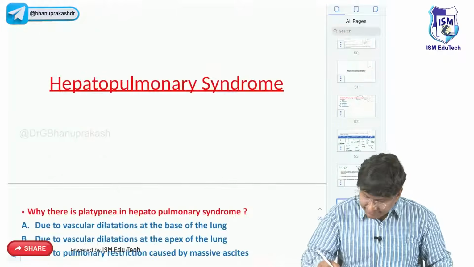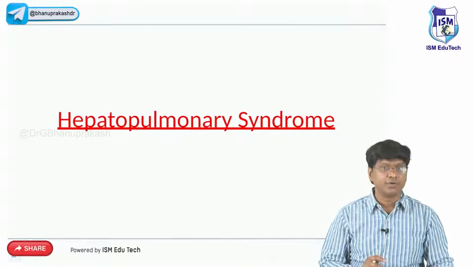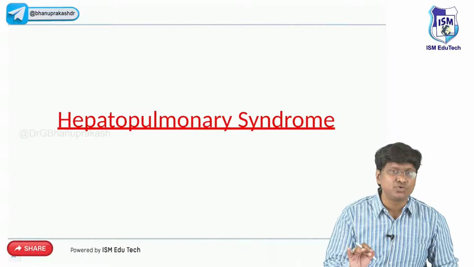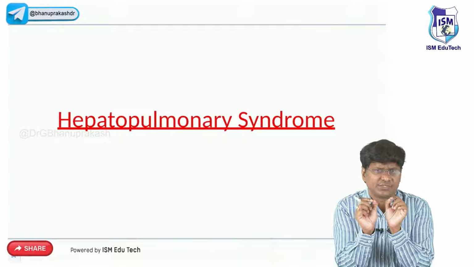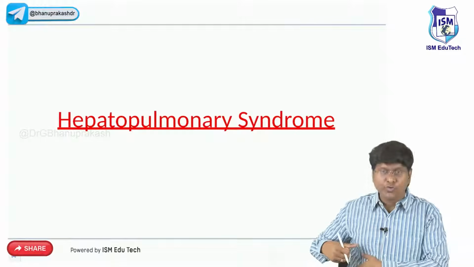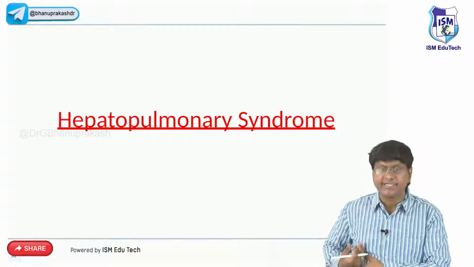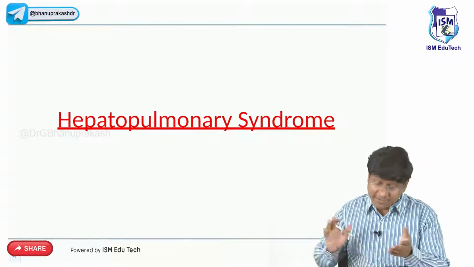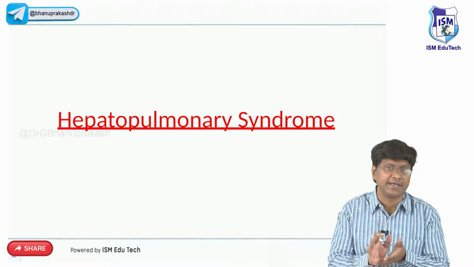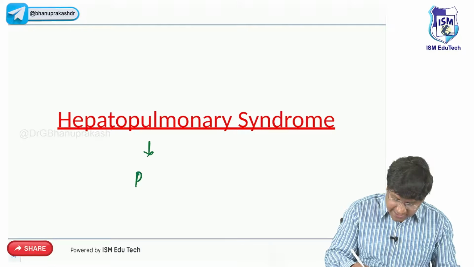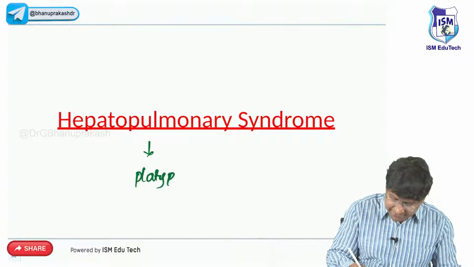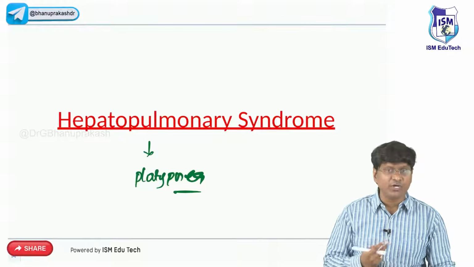Next is the hepatopulmonary syndrome. Hepatopulmonary syndrome is that where through small communications within the diaphragm, the fluid from the peritoneal cavity can enter into the pleural space, causing compression of the lung parenchyma. These patients develop what is called platypnea. What is platypnea?